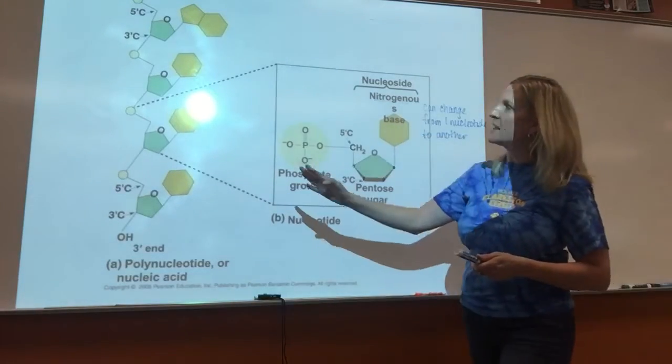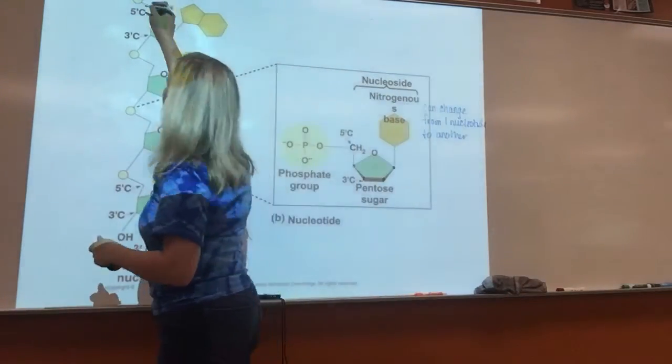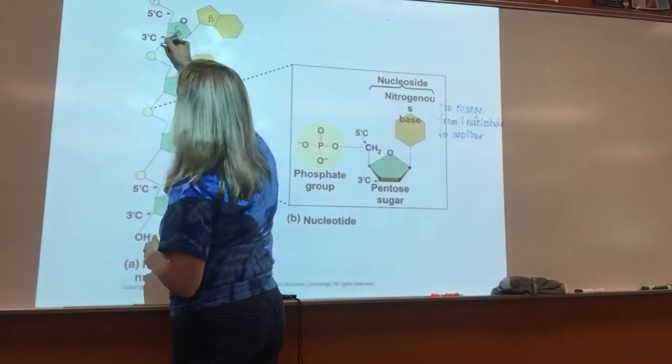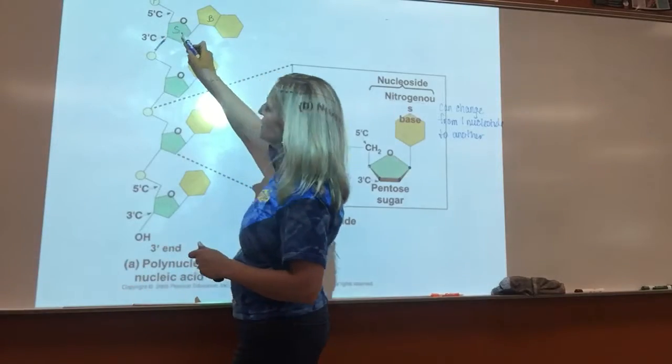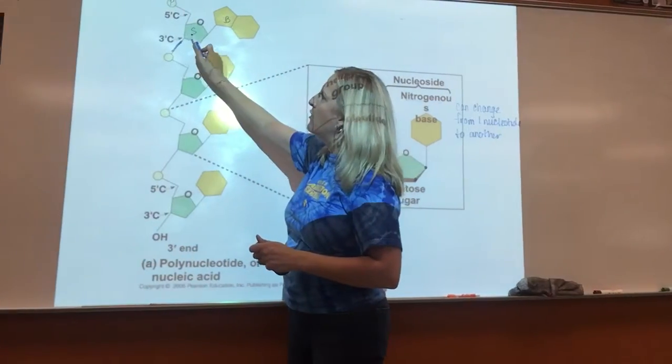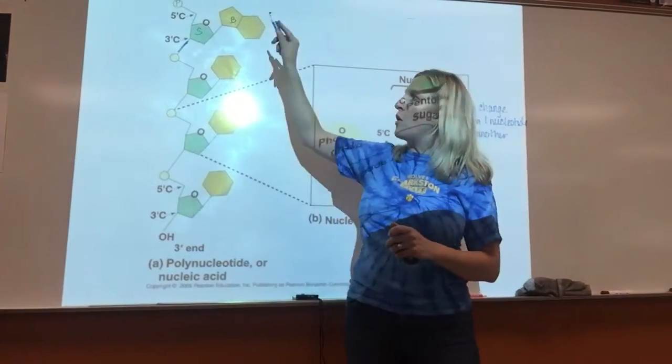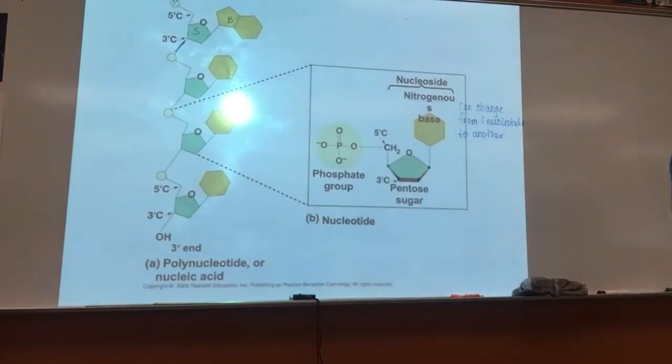So we hook these together. Here's your phosphate, sugar, and base. So this is one nucleotide. This is the bond between the nucleotides. It's between the sugar of one nucleotide and the phosphate group of the next. So this molecule in this picture, how many nucleotides long is it? Get an answer in your head.